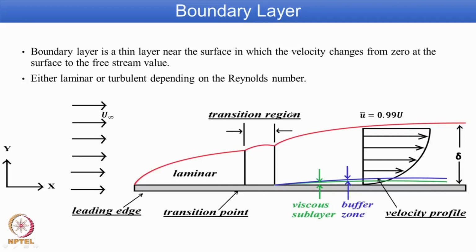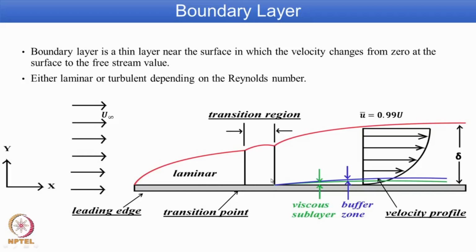So, boundary layer is a thin region near the surface in which velocity changes from 0 at the surface as shown here to the free stream value as shown here. So, this may be either laminar boundary layer or turbulent boundary layer depending on Reynolds number.